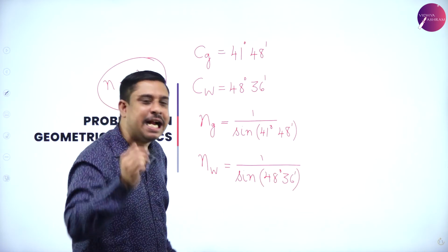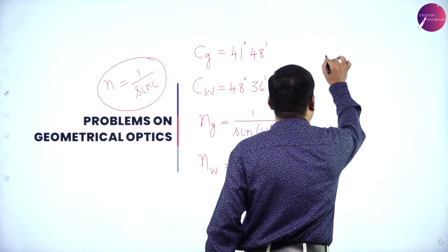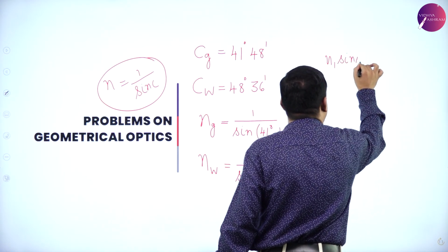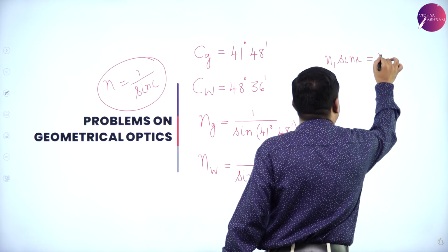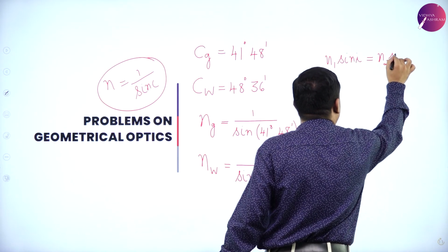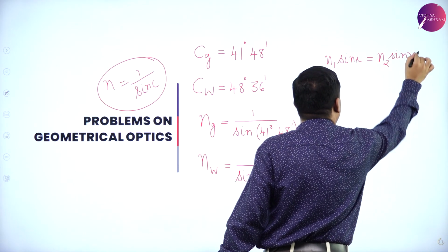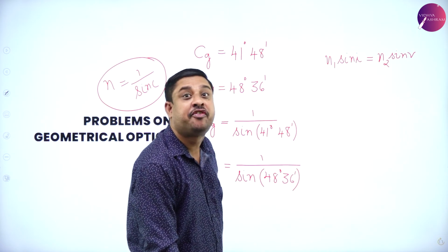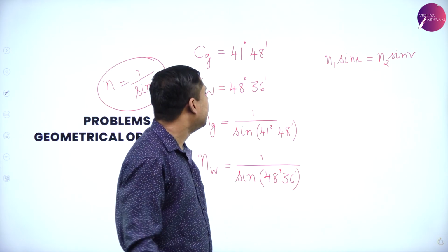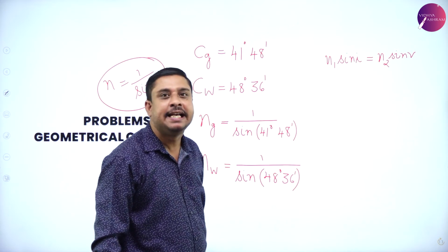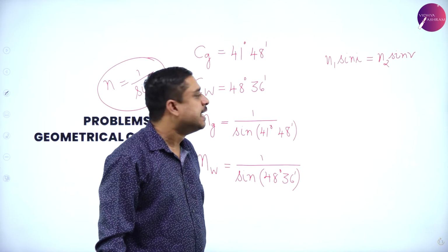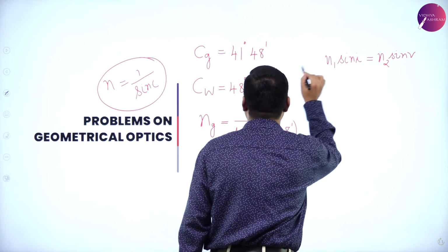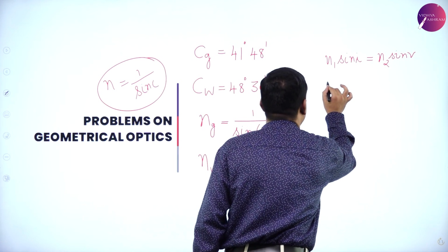Now go to the general law of refraction. N1 sine I is N2 sine R. We call it the general law of refraction. N1 sine I equals N2 sine R. From which N1 is what?